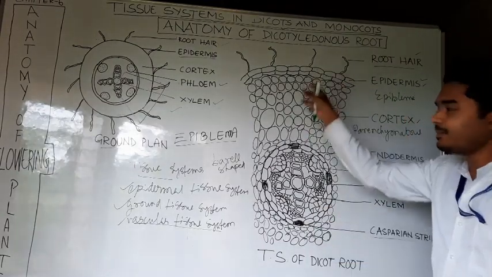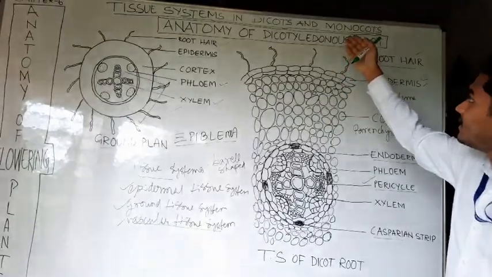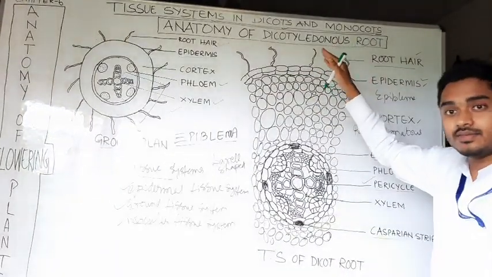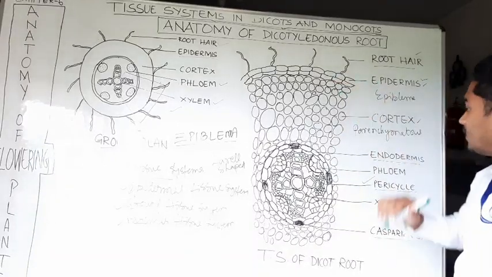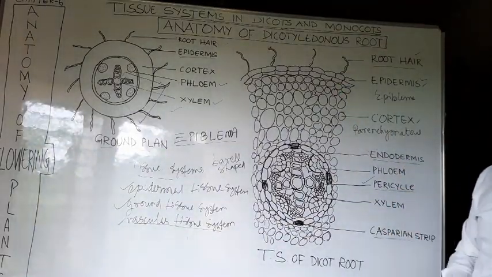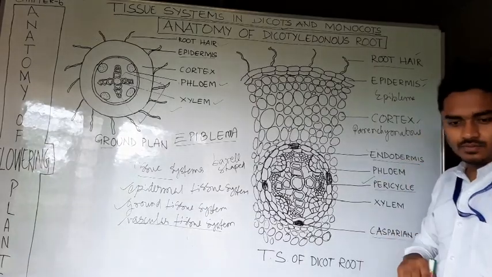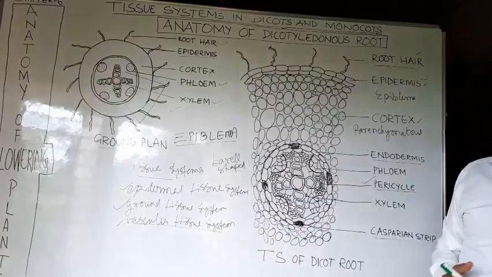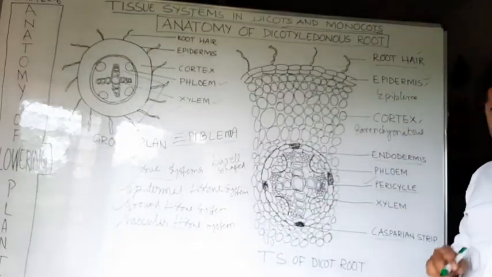So this is the primary root. As it is a dicot root, we will see the presence of secondary growth in dicots. So the pericycle gives rise to lateral roots, and along with the vascular cambium it makes the secondary growth in dicot roots.